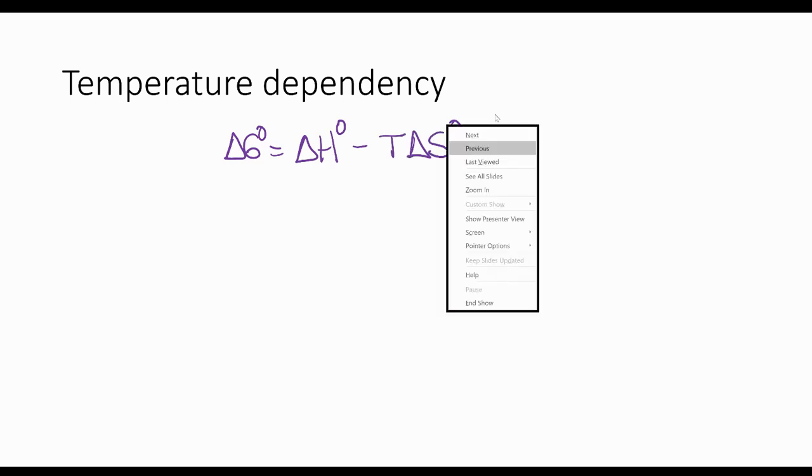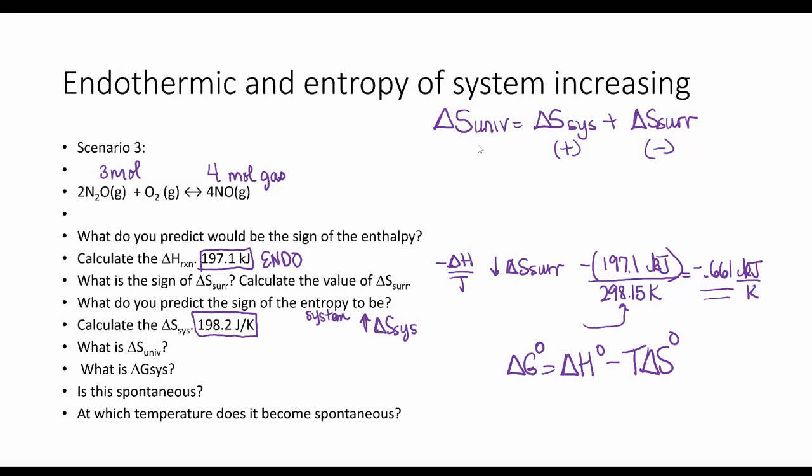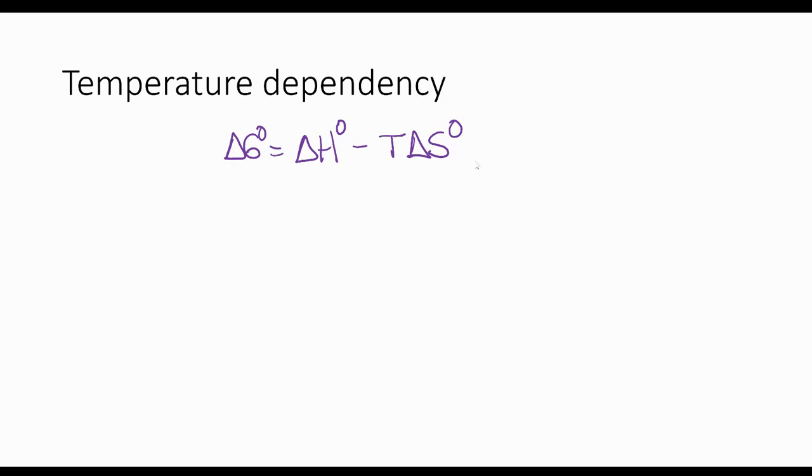And let me go back real quick. So this was endothermic with an increasing entropy. So this is a plus for this and a plus for this. Now notice they're going to be pulling delta G in two opposite directions.